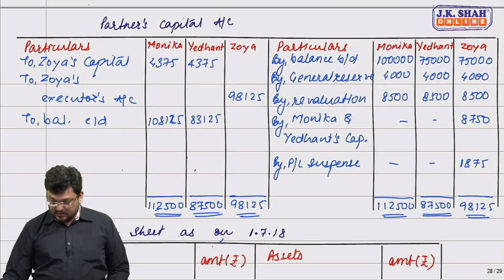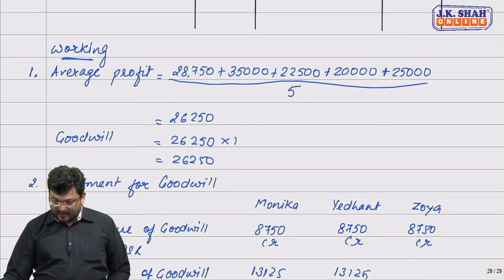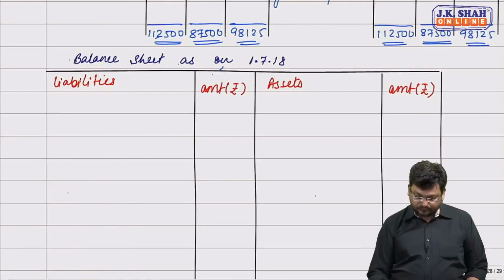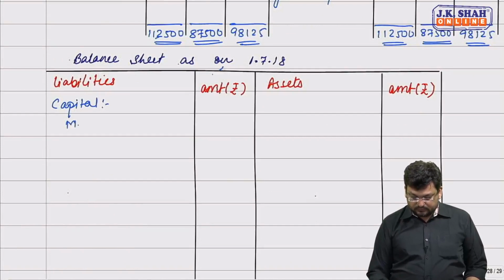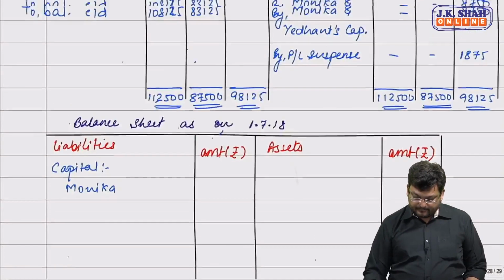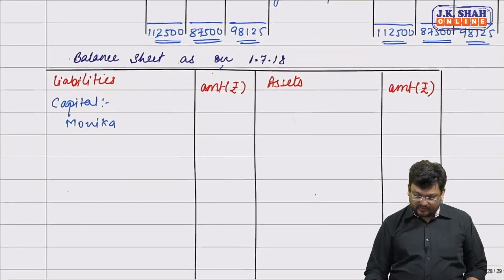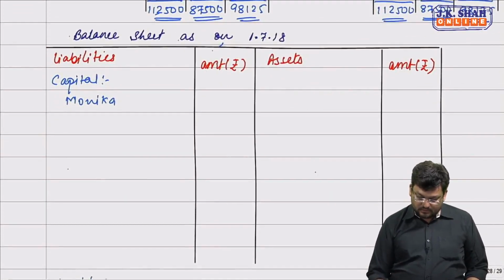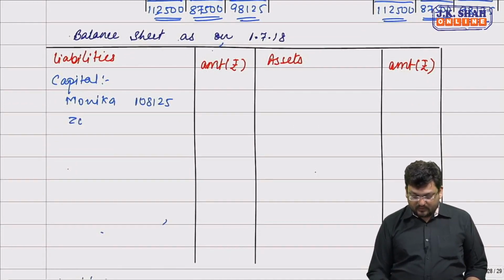Correct. So we may now prepare our balance sheet. Capital of Monica 1,08,125 and capital of Yedhant 83,125.